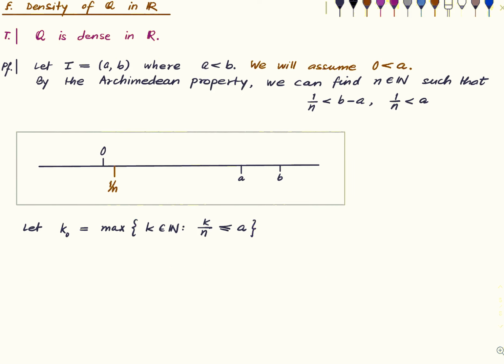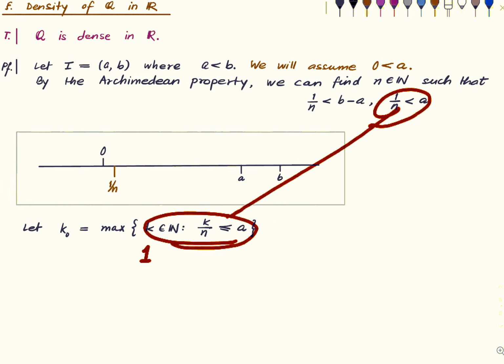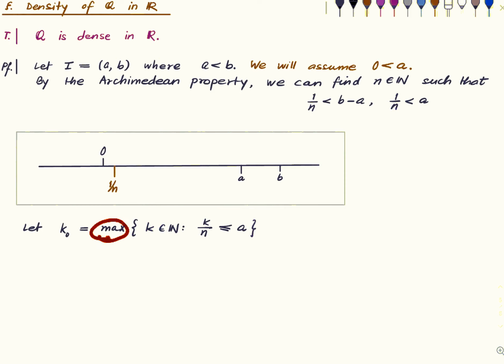At the same time, this is a non-empty set because 1 lies in this set, as 1 by n is less than a. So this is a non-empty finite set is all I'm saying. And therefore one can take its maximum, which is a natural number we are calling k naught. So conceptually, k naught is the greatest number of steps you can take, where each step size is 1 by n, so that you have still not crossed a. All right. Fine.